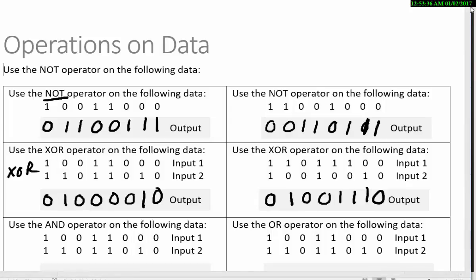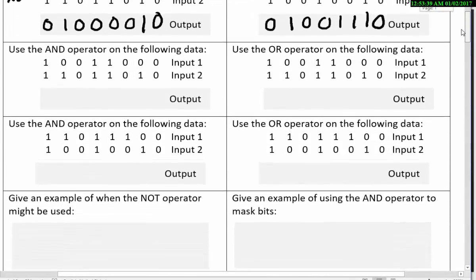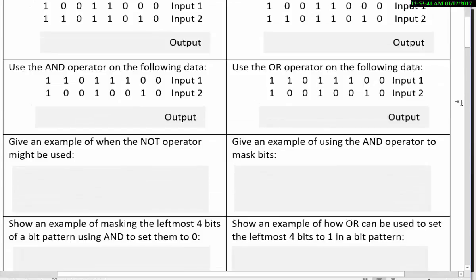It's just a case of practicing so that you know how to do these. So using the AND operator. Remember, the AND operator is where you both have to be set. So we're going to AND these together using the logical AND operator. Both of these need to be set in order for it to be true, otherwise it's false.